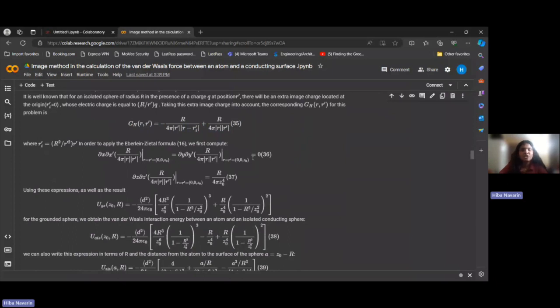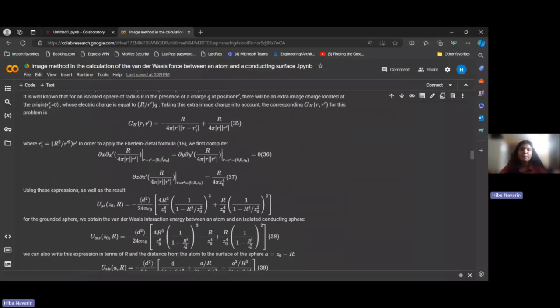We take this extra charge into account, and we formulate the corresponding functions. So here the Green's function, including these charges, will be as the following. And here Ri' will be equal to R squared divided by r' squared, times r'.